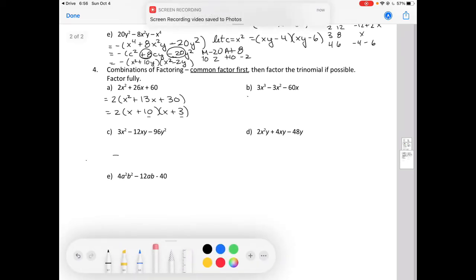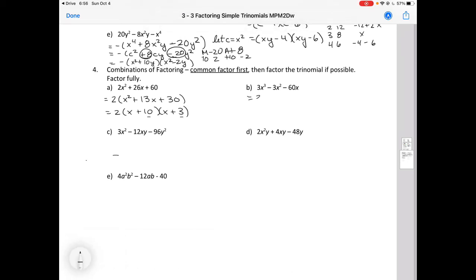The next thing that I would do here is factor out 3x from each term. That will leave me with x squared minus x and then minus 20. Now I'm looking for two numbers that add to minus 1 and multiply to minus 20. Those two numbers are minus 5 and positive 4. Now I have a fully factored equation.